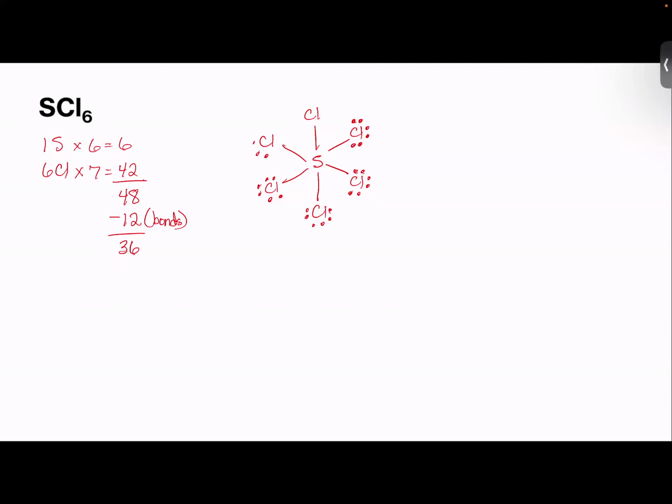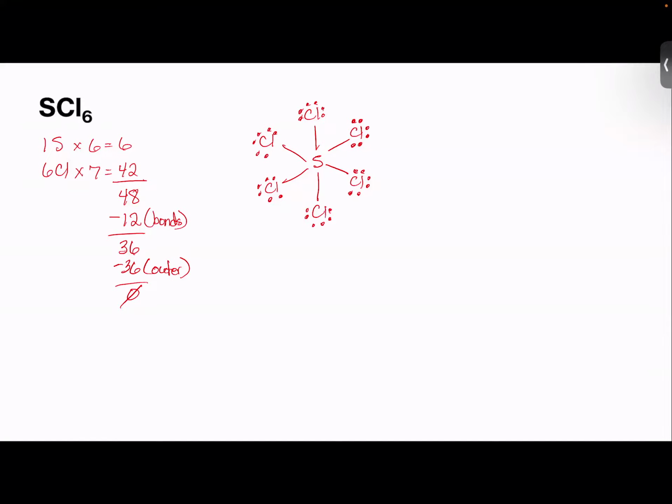Six valence electrons times 6 chlorine atoms means that we used up 36 valence electrons on our outer atoms. And we have hit 0. When you hit 0, you ask, does everybody have an octet? Our chlorines have an octet because we just gave them an octet.